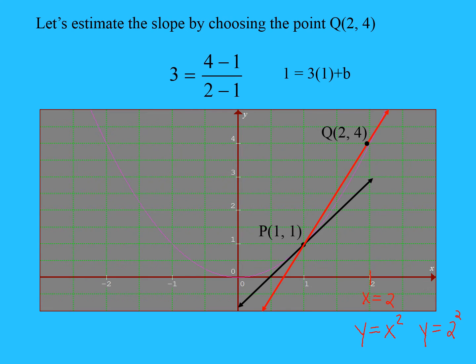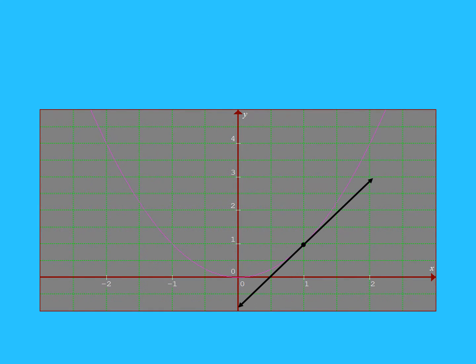We could use the equation of a line, y equals mx plus b, and we know the slope is 3, so we plug that in for m. To find b, we can pick any point on that line and plug in for x and y and solve for b. I chose the point (1, 1), and solving for b gives negative 2. So the equation of that secant line would be y equals 3x minus 2.